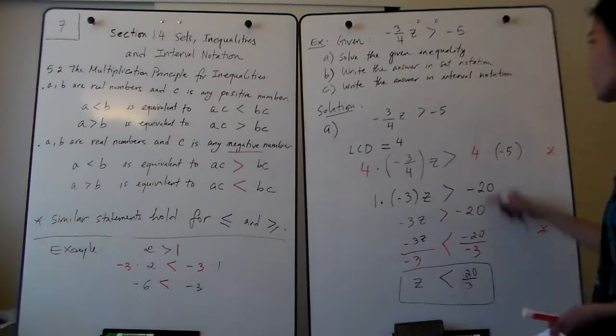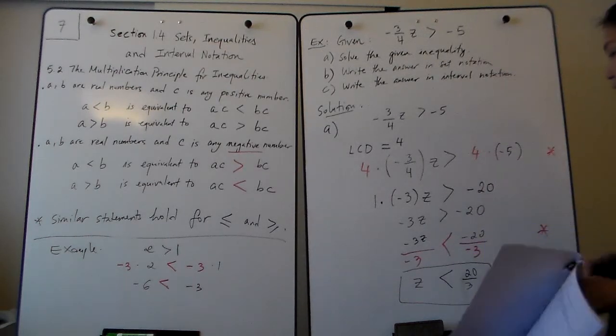So we solved this inequality: z less than 20 divided by 3.